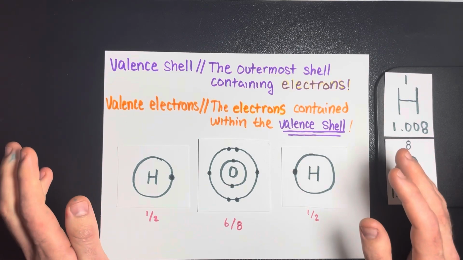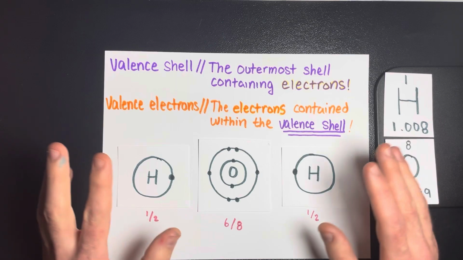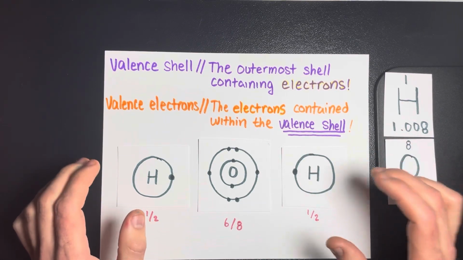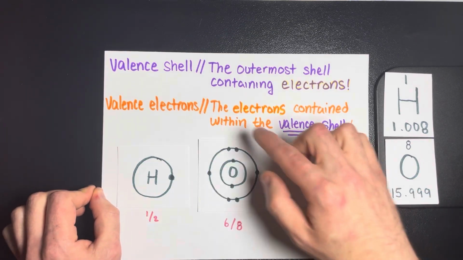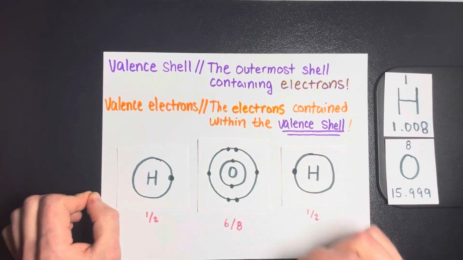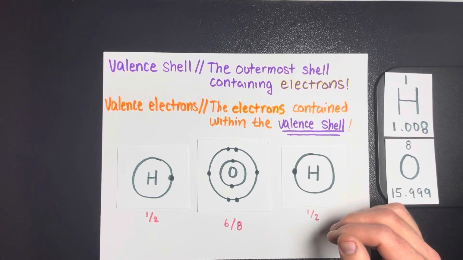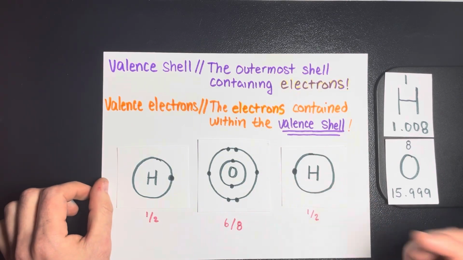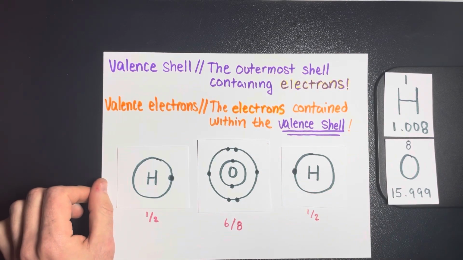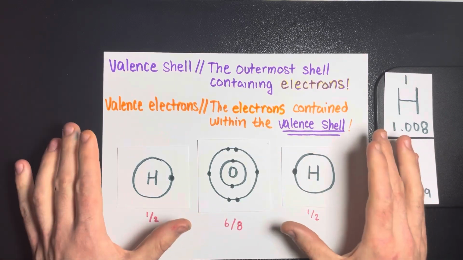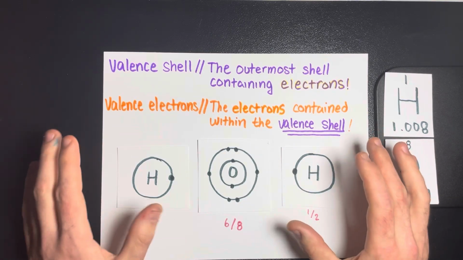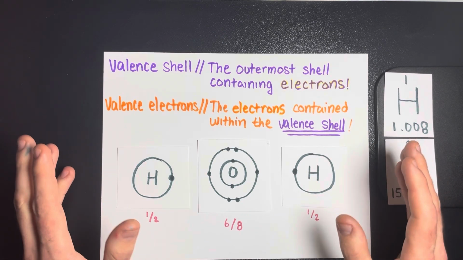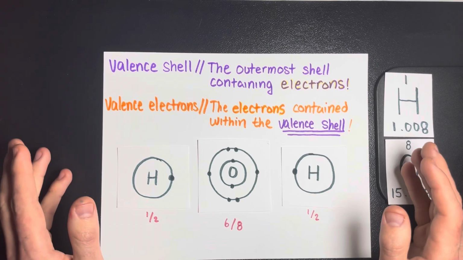They want a full valence shell full of electrons, the maximum allowable electrons, depending on what shell it is, because it goes further out depending on the atom. It can go further out than just 2 shells. It can go 3, 4. In this case, we're only dealing with 2 maximum shells. So every atom's goal is they want a full valence shell. Now, they can't achieve that on their own, so they need to bond with other atoms.